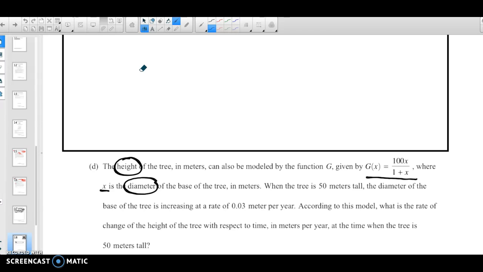Let's see what happens. The height of the tree in meters can also be modeled by the function g equals g sub x, where x is the diameter, and that means g is the height of the tree.